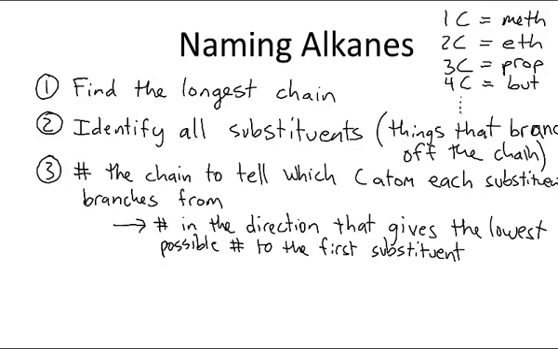I don't know how they came about. Actually, I don't know who originally decided that these would be good indicators of how many carbons were in something. But you do need to look those up and use a list because everything gets named based on how many carbons are in it.